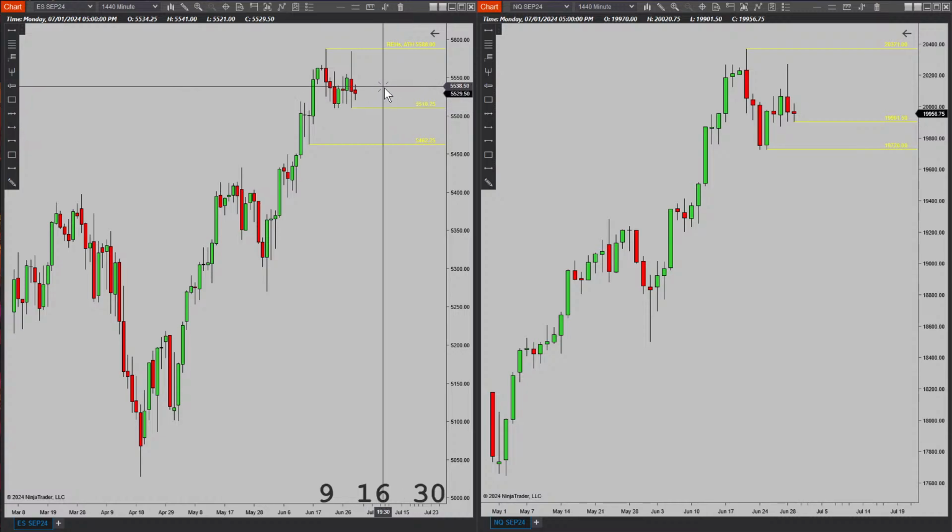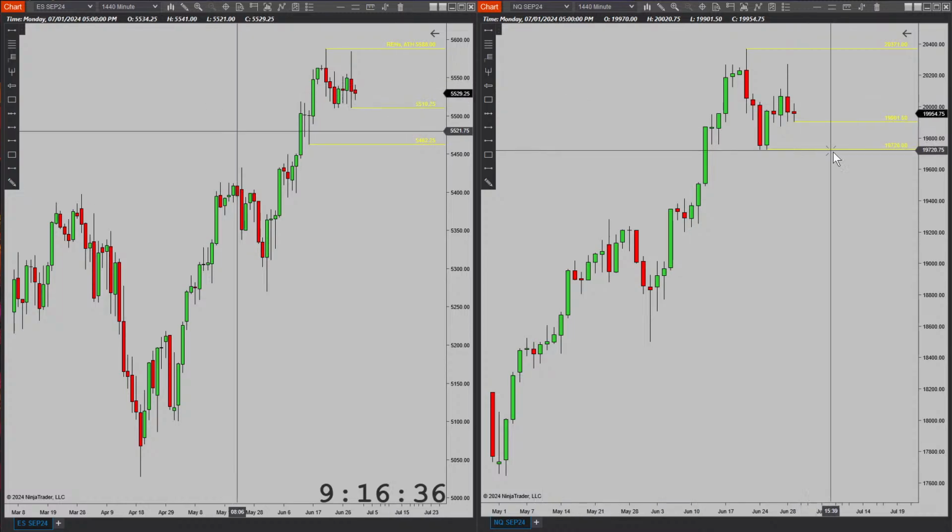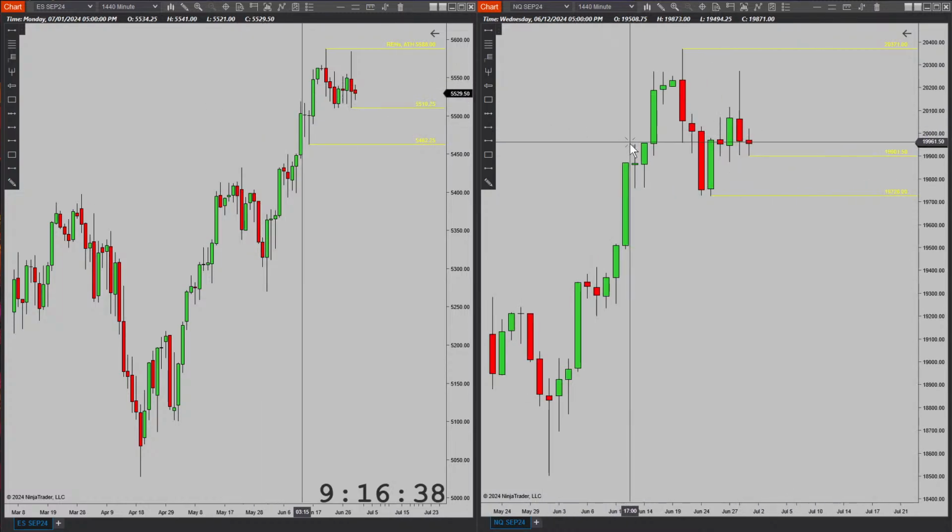Okay, and again, we are on the daily. We are still within this gap over here, but I don't expect that to hold. Same with ES.